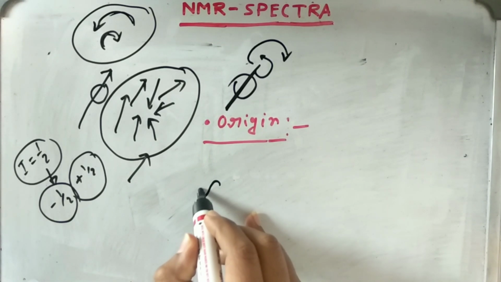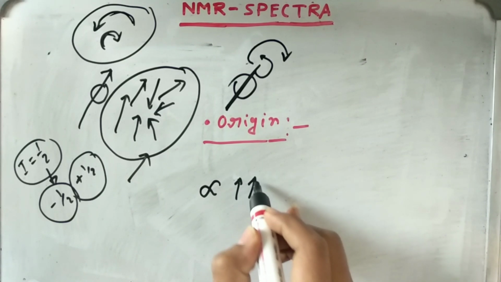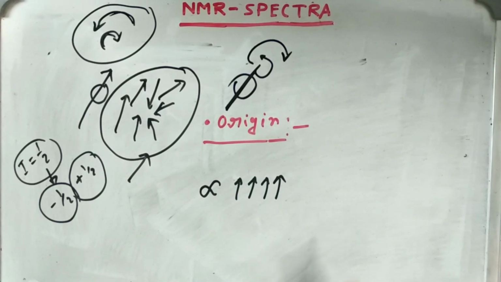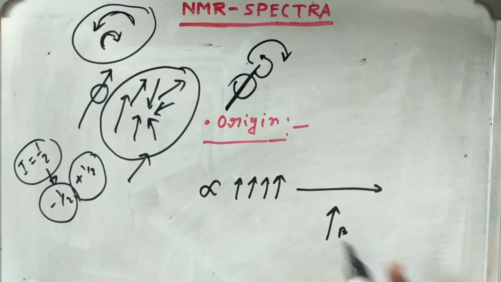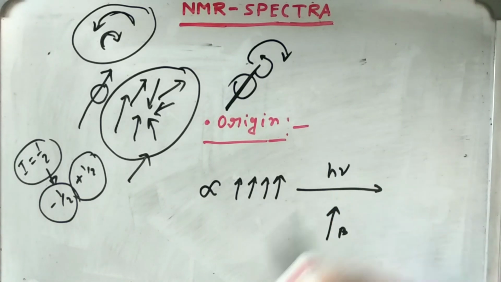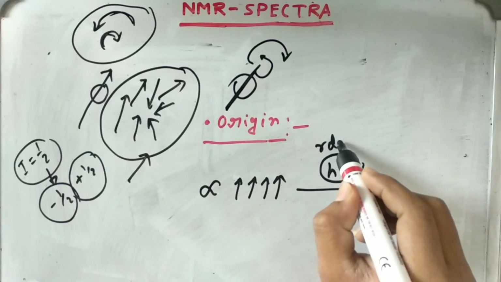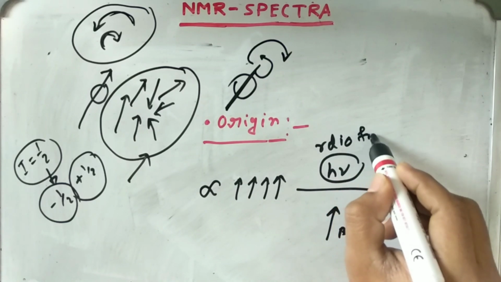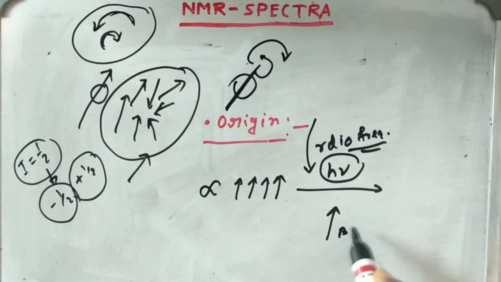Say a nucleus or a set of nuclei are in the alpha spin state, say 4 nuclei. When we apply the external magnetic field, of strength B, and h nu, the radio frequency energy, you are applying energy and the externally applied magnetic field is also present.